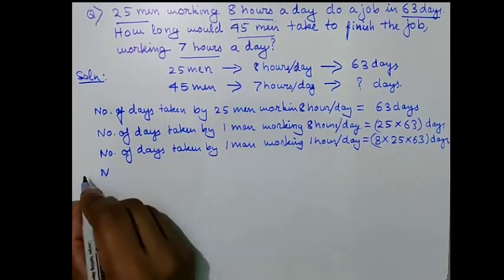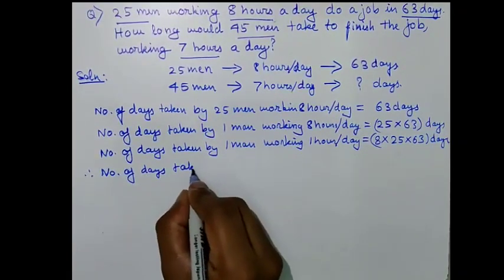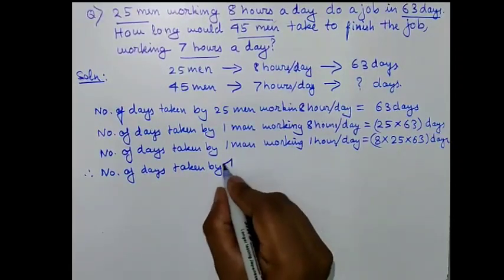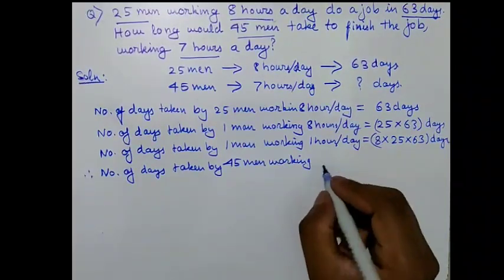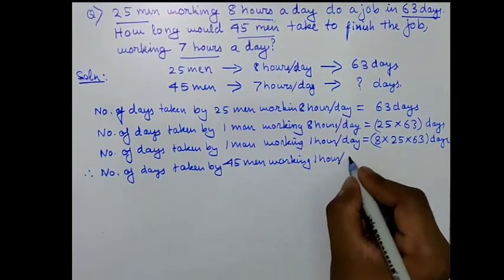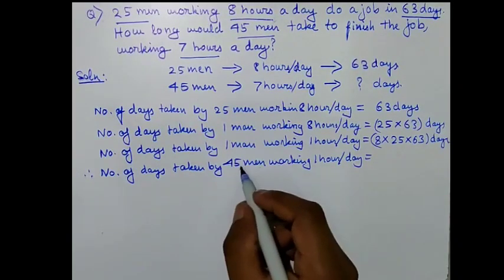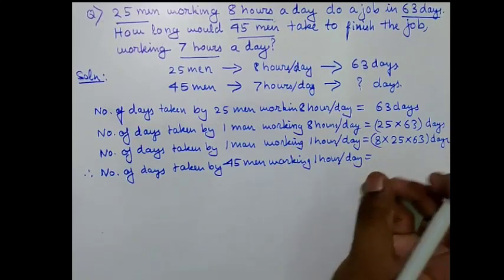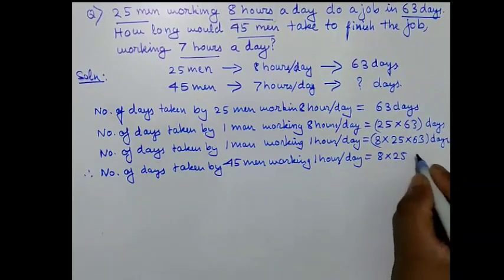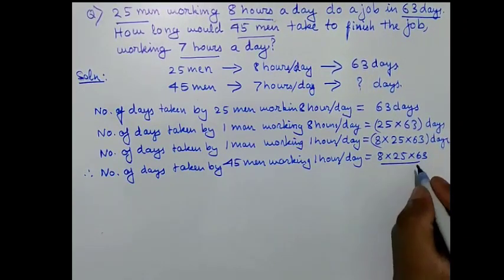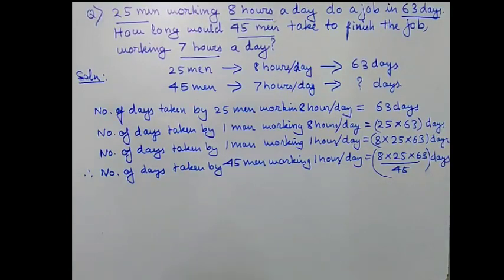So we can say therefore number of days taken by 45 men working 1 hour per day will be equal to, now we are increasing the number of men, means number of days will also reduce, so it means we have to divide. So 8 times 25 times 63 by 45 days it will become, right?